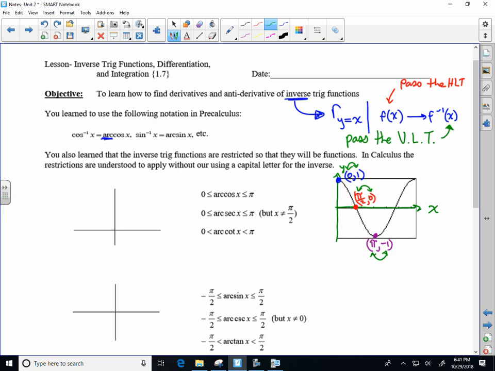So my new coordinates would be (1, 0), (0, pi over 2), and (-1, pi). Bottom line is we're looking at x values that would go from -1 to 1, and y values that would be in terms of pi. So I guess I'll go 2 tick marks up and call that pi.